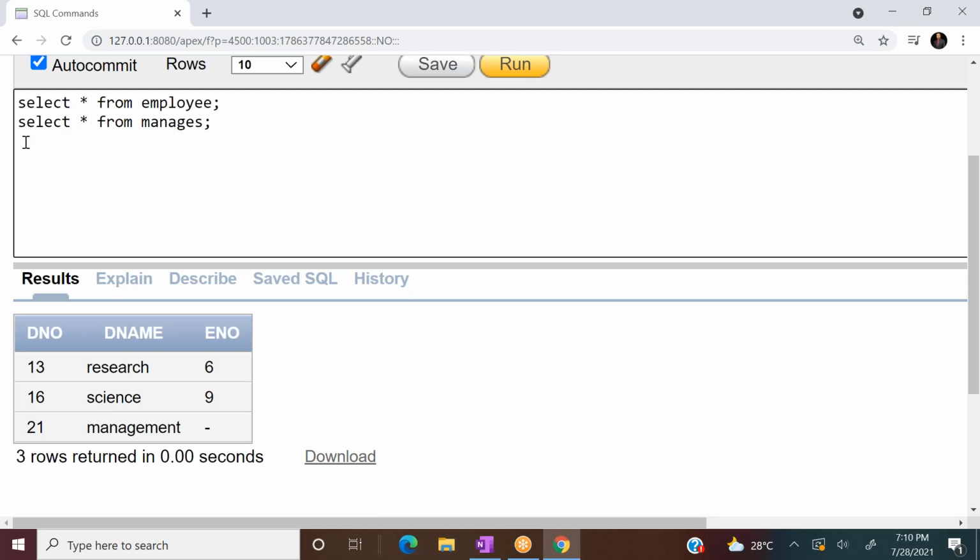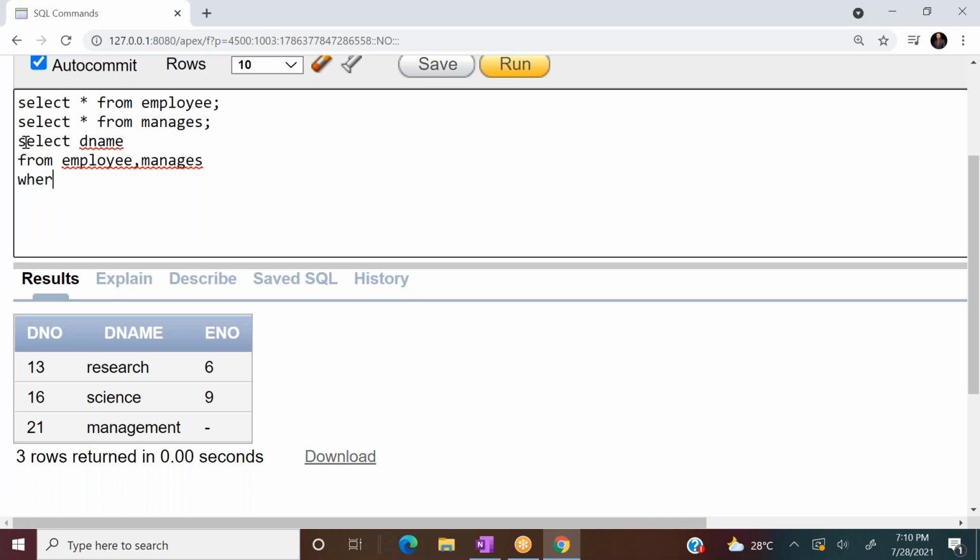This one we have written using a join operation. Look at how we have written it. It requires selecting the name of the department, so we write dname. From which tables? From the employee table, comma, managers table. Two tables.